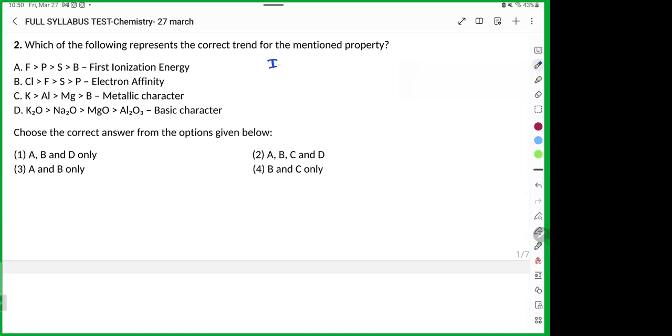So guys, first ionization enthalpy is the amount of energy required to remove an electron. This is always positive. Yesterday we did the trend: down the group, ionization enthalpy decreases, so along the period it will logically increase. The order was fluorine, oxygen, nitrogen, carbon, boron, then phosphorus and sulfur.